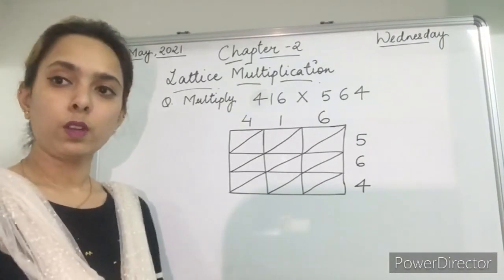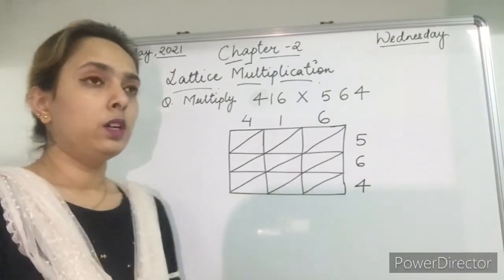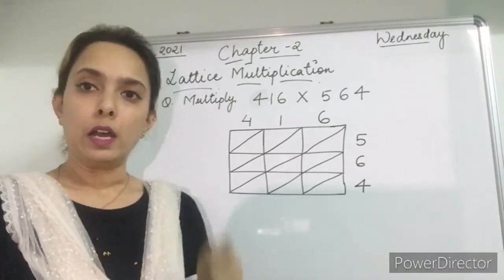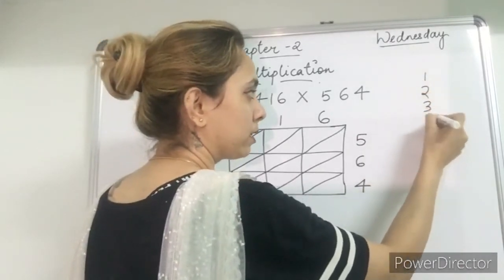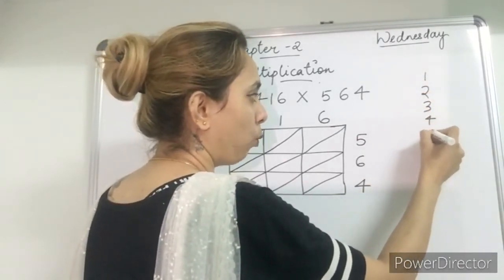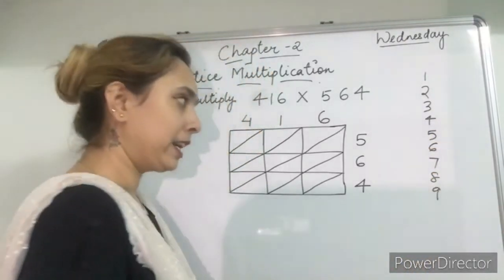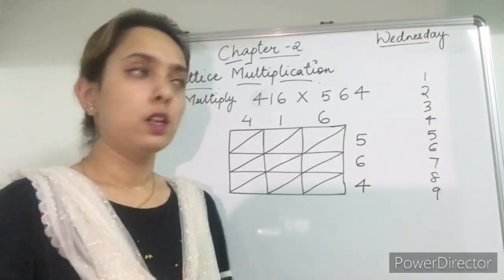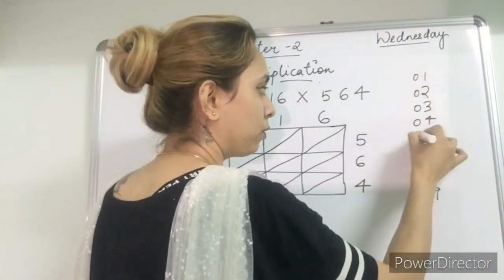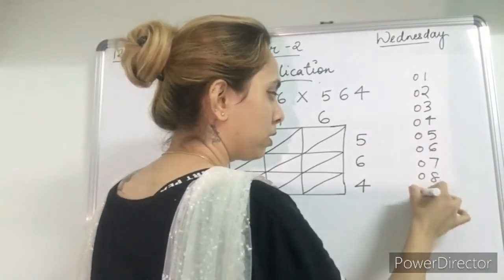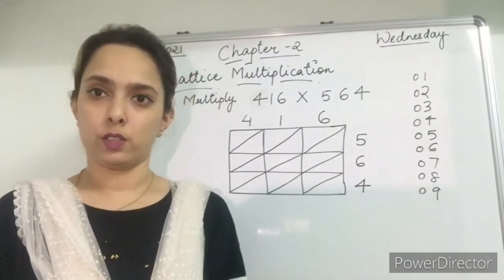Now, what are we going to do? First of all, children, when a 1-digit number is given to us, like counting from 1 to 9, we write it like this. But if I write 01, 02, 03, 04 and so on, the value of these digits will not change.